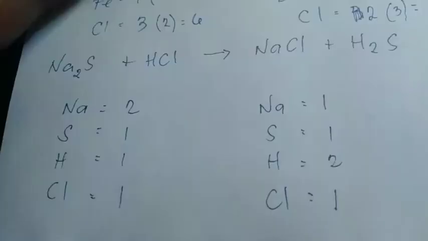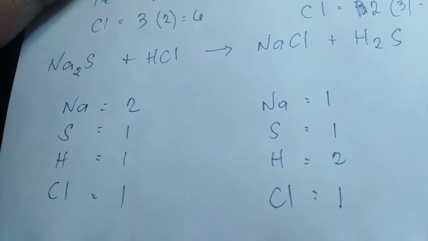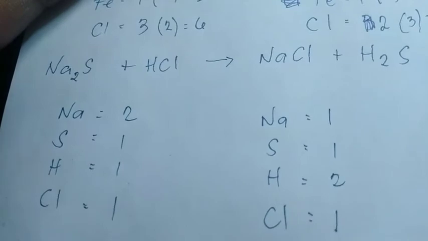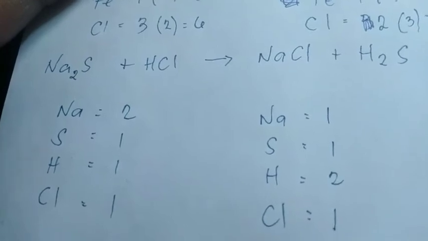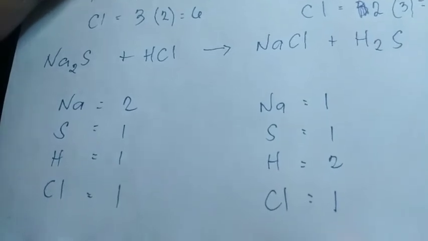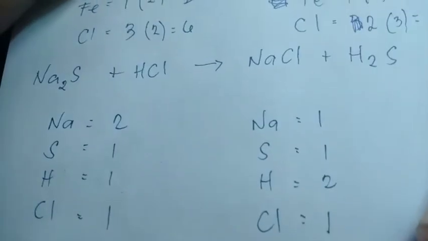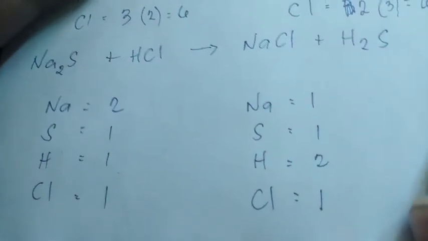So, last one. Next, we have sodium and sulfur plus hydrogen and chlorine. At ang product niya is asin, which is sodium chloride plus hydrogen and sulfur. So, paano naman to?